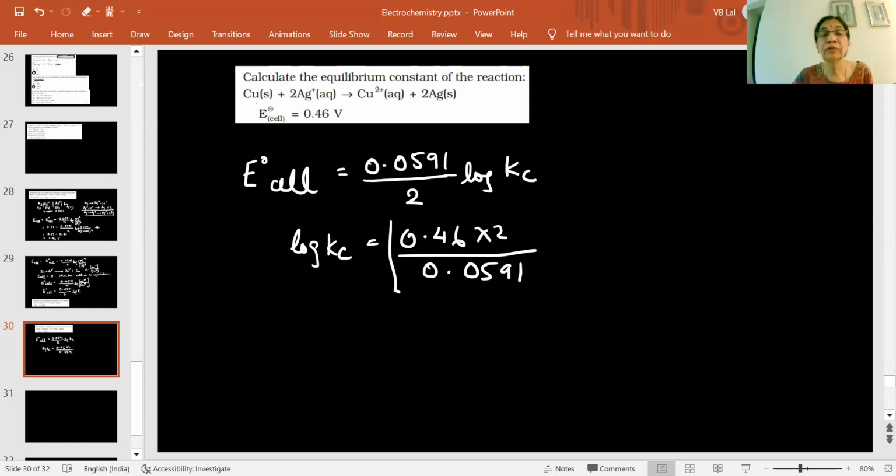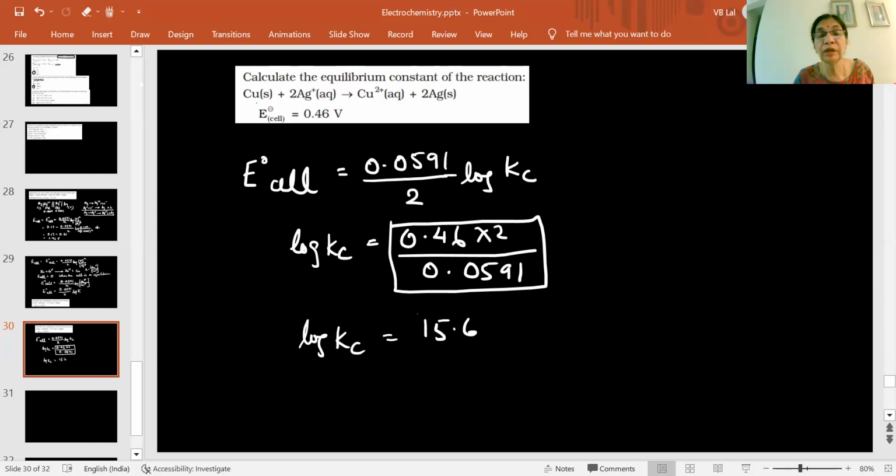Okay, and whatever value you calculate here, you have to take the anti-log. And if anti-log is not given, you can leave the answer as log Kc. Otherwise, the anti-log value of the solution will be given to you. Here, if you calculate, it comes to around 15.6. So log Kc is equal to 15.6.